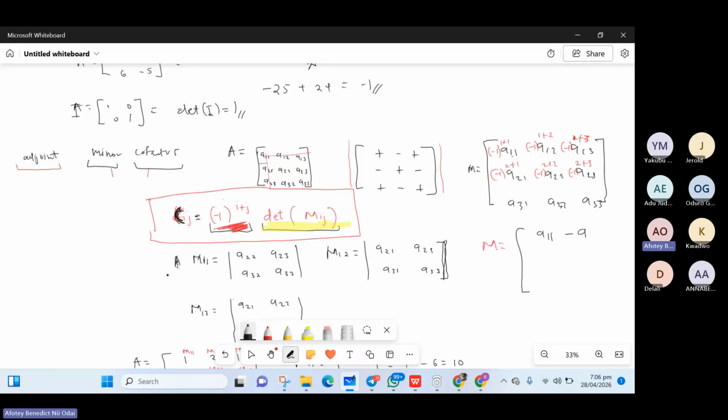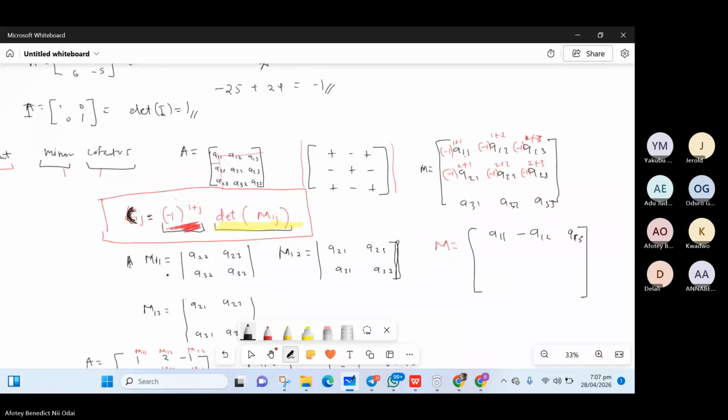Now, when you do all this, you get A11, negative A12, A13, negative A21, A22, because 2 plus 2 is even, so the negative goes away. 2 plus 3 is odd, right?